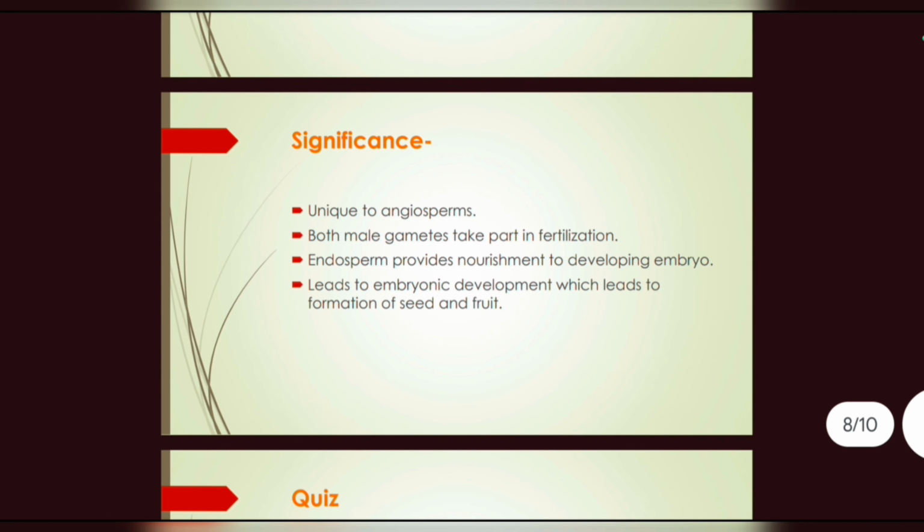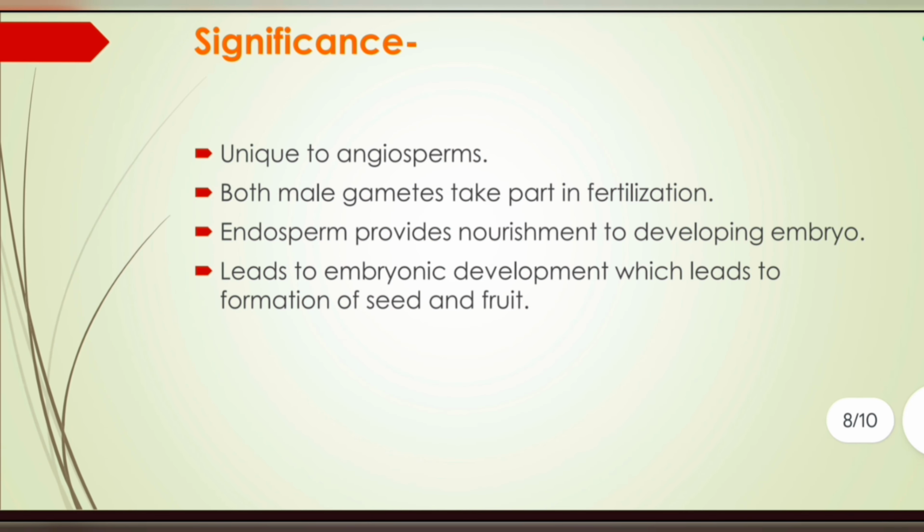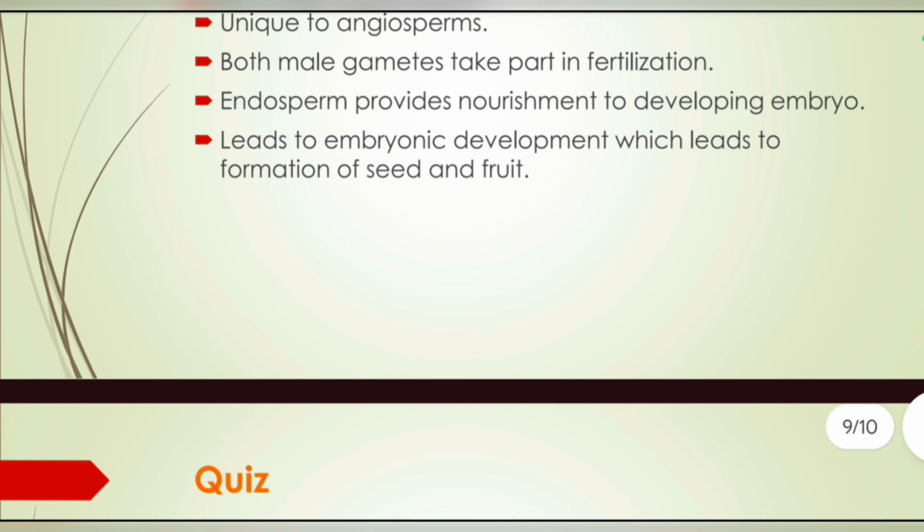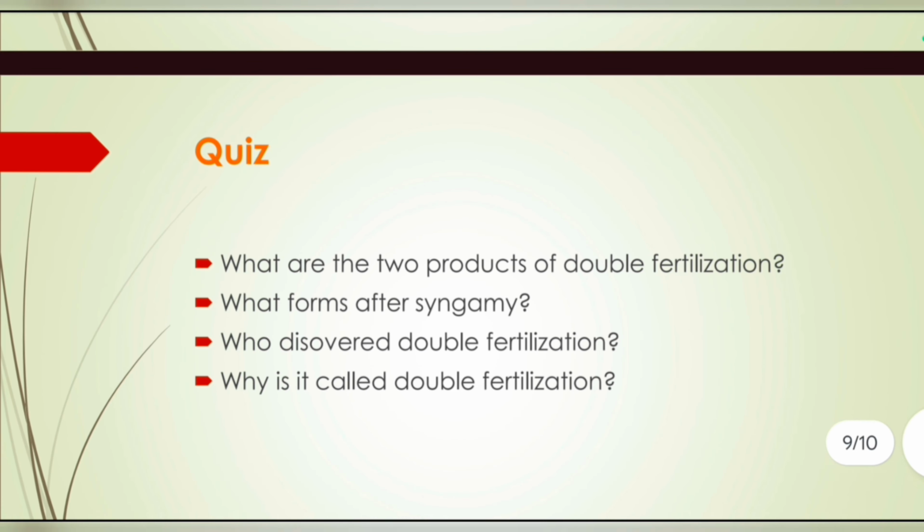What is the significance? Double fertilization is unique to angiosperms. Both male gametes take part in fertilization. Endosperm provides nourishment to the developing embryo, and double fertilization leads to embryonic development, which leads to formation of seed and fruits.